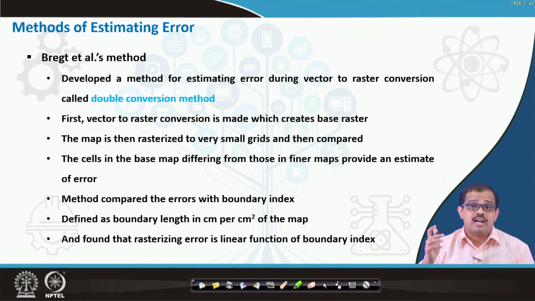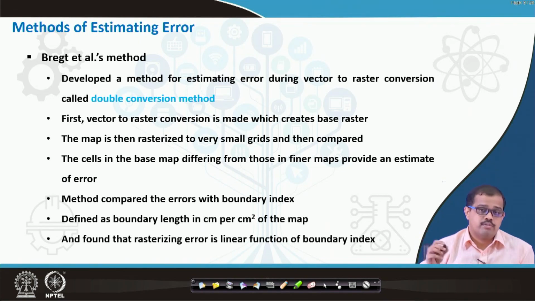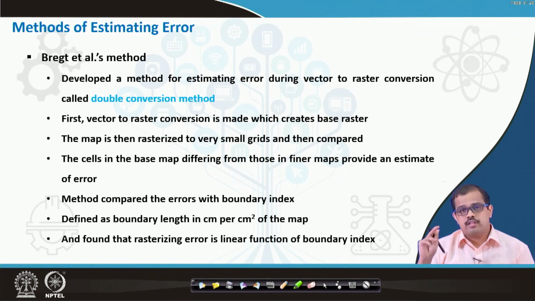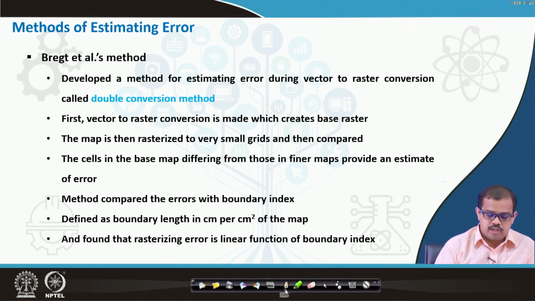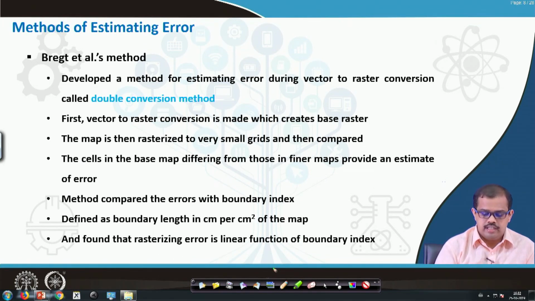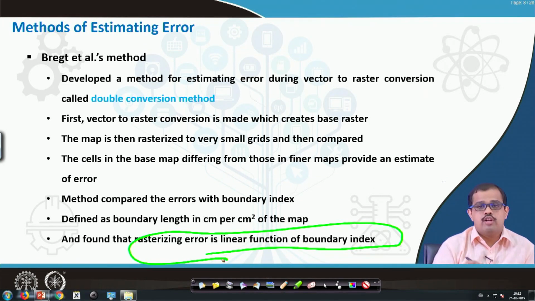Then this method looks at the locational error and also at the errors and the boundary index. That is why it is extremely efficient in terms of conversion from vector to raster. Most importantly, it defines the boundary length in centimeter per centimeter square of that particular map. Okay. Then one thing that you can find out here is that this rasterizing error is a linear function of the boundary index that it calculates.